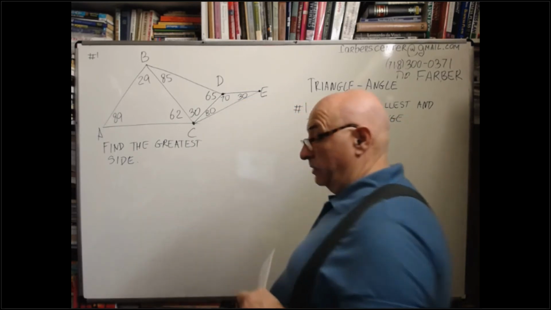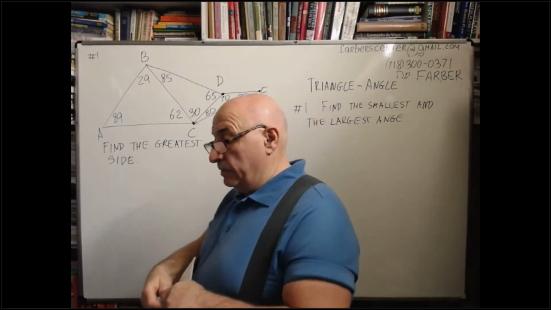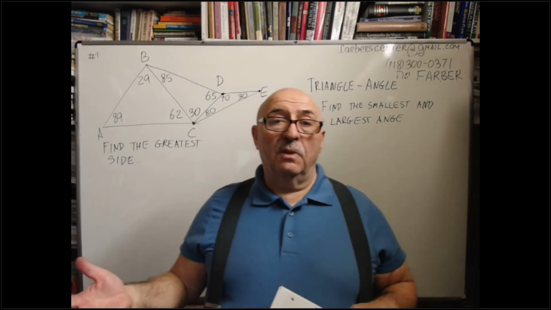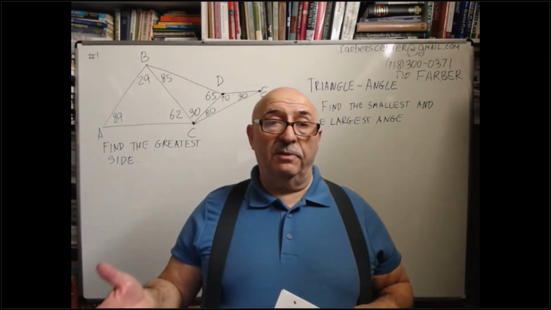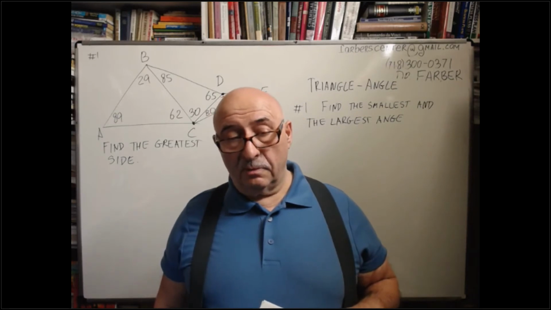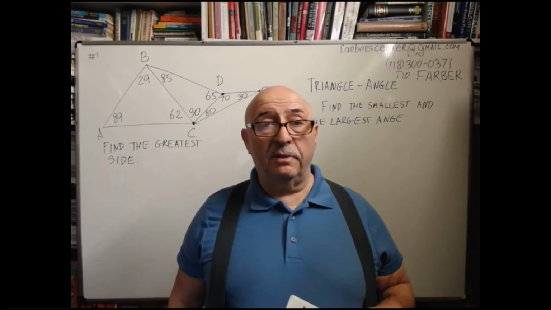So in the experiment that I showed, opposite of the bigger angle is located the bigger side. And opposite of the bigger side is located the bigger angle. You read the statement back and forth.